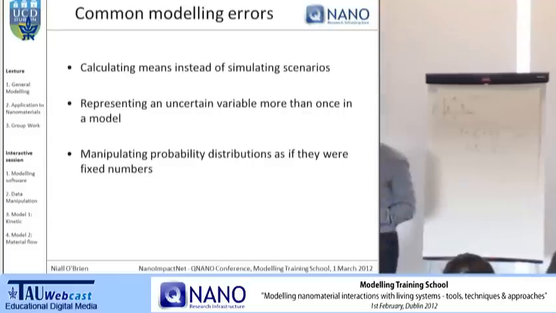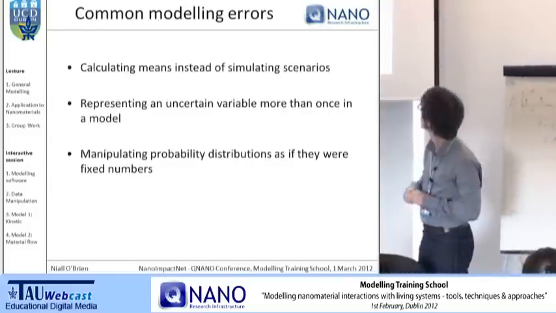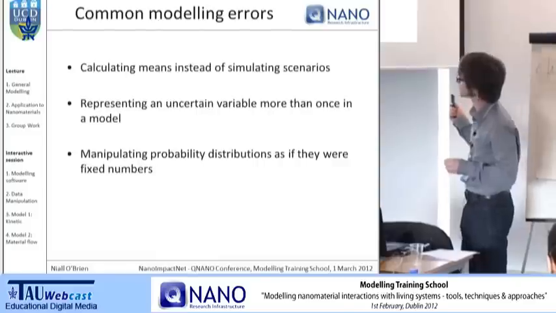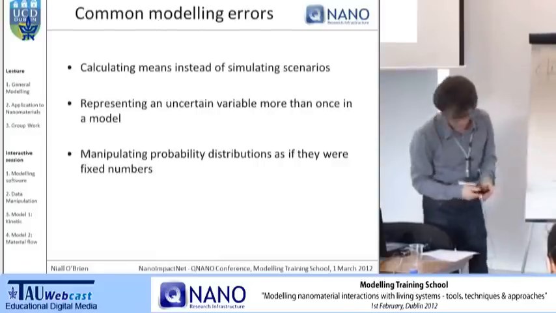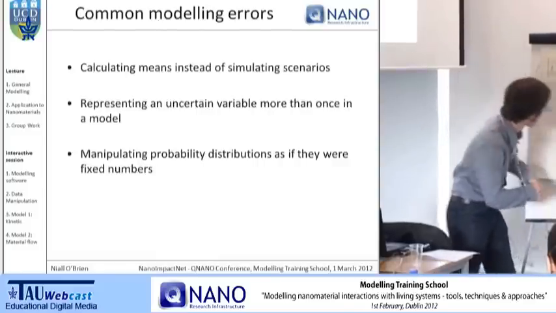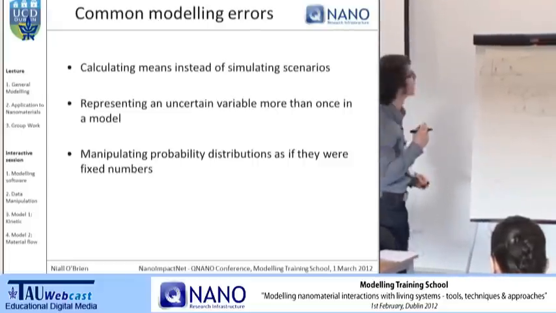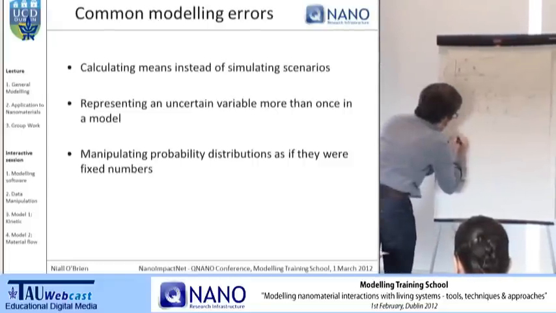And then 3, we have manipulating probability distributions as if they were fixed numbers. So in this case, we'll take the example of if we have surface area.